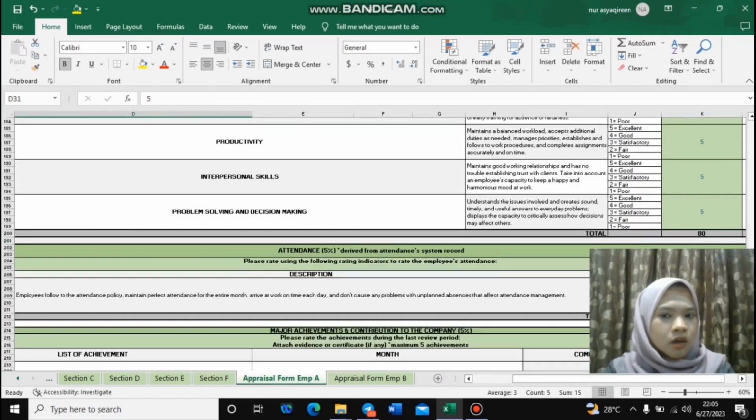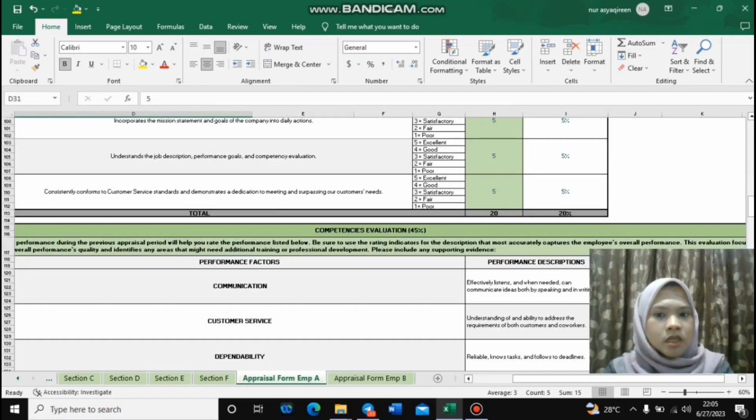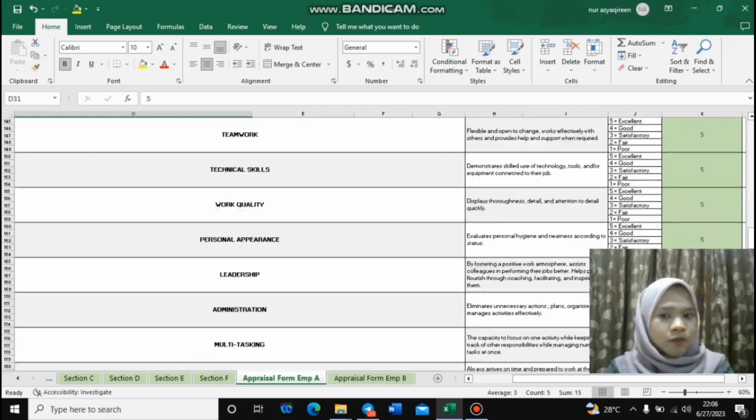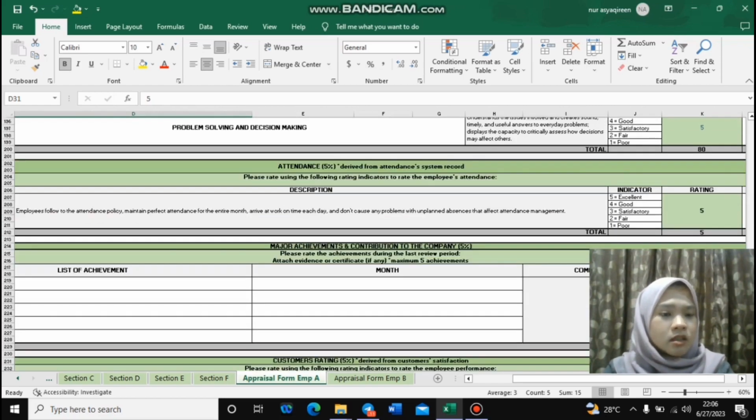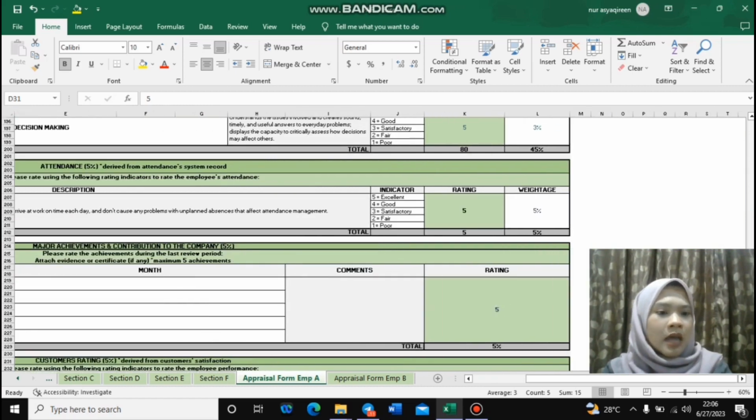We can see that for all the employee performance factors, the employer gave them rating 5, which is excellent. And their attendance is also excellent because the employee didn't come to work late or absent without any MCs.